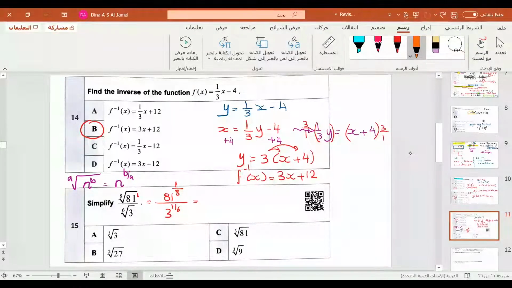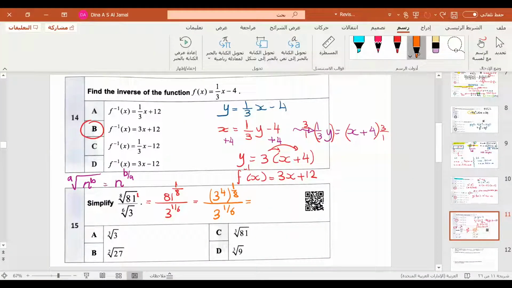So the 81, if you thought of it, it's all about 3 to the power of 4 and to the power of 1 over 8. So just put it as it is. And keep this as it is.